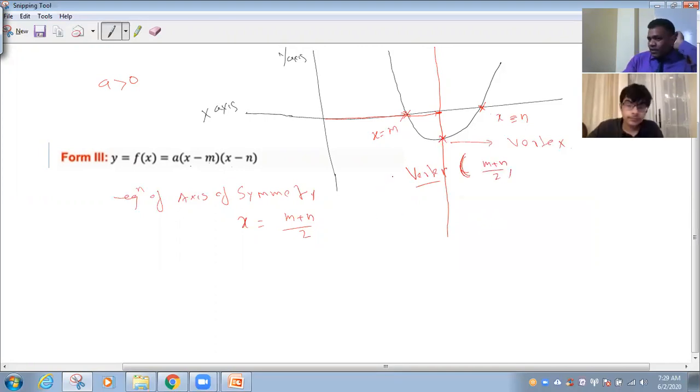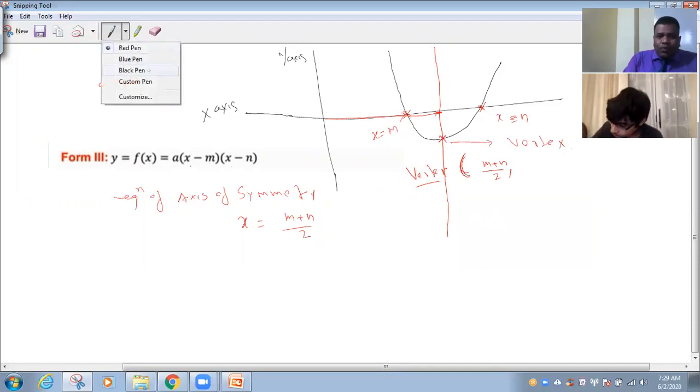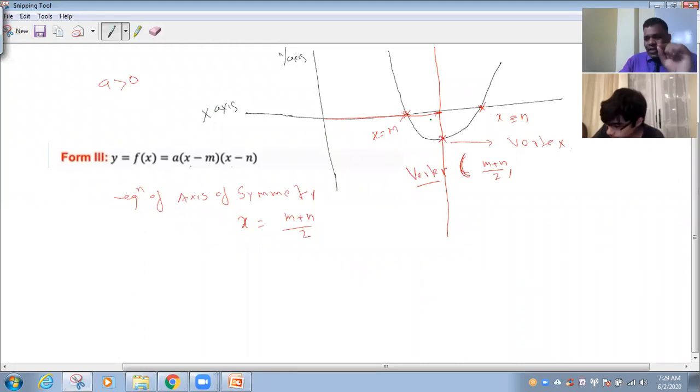What could be the y coordinate? See, in any graph, if you know the value of x, put that value into the function and you'll get the value of y. So the value of y will be f of m plus n divided by 2. Do you understand what I'm saying here?